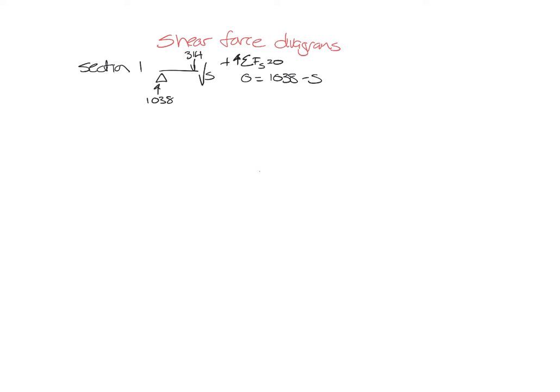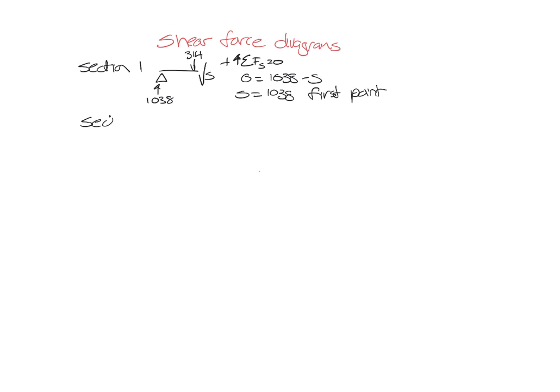The shear is actually happening on the 314, so I'm not taking that into consideration. Therefore, S, because I'm moving it across, equals 1038. And that is the first point on the graph. So it starts up nice and high.